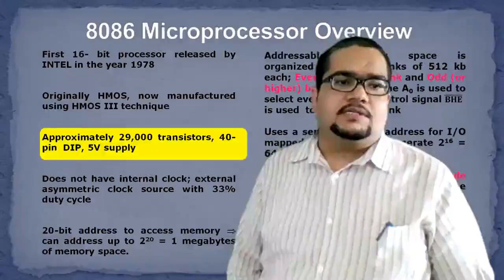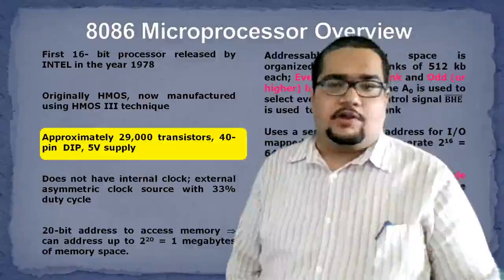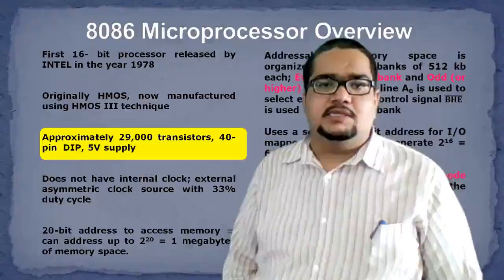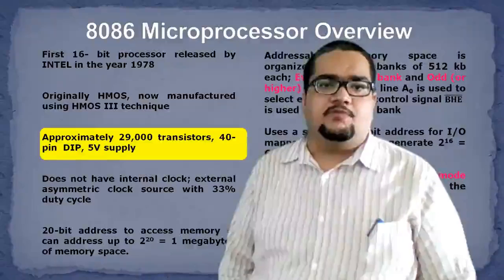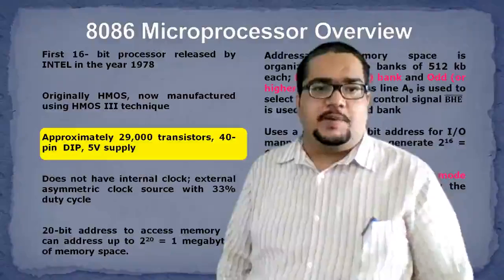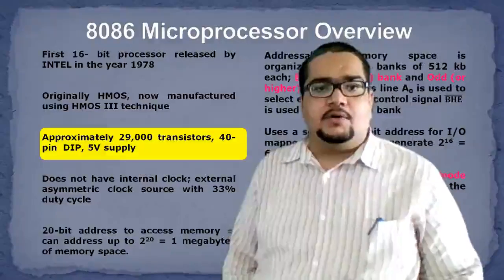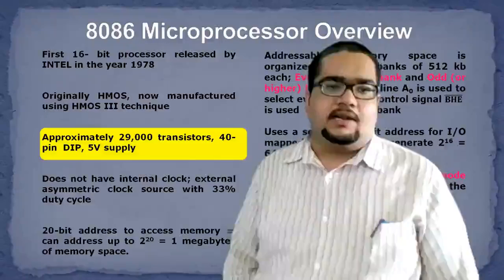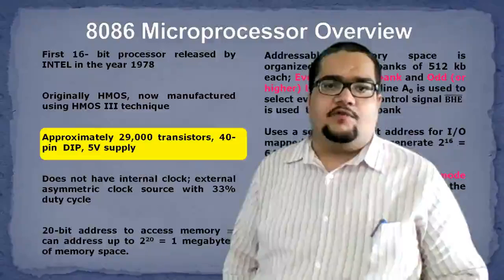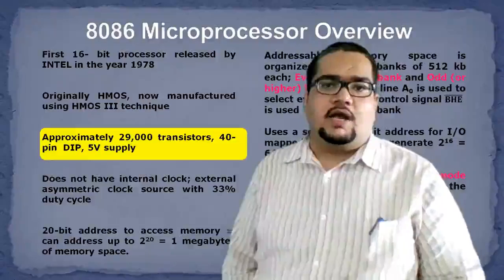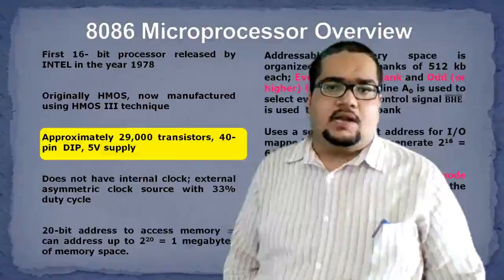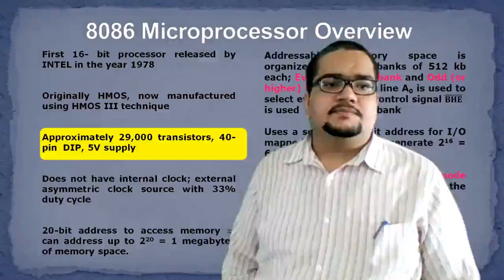It is a 40-pin dual inline package with a 5 volt power supply, and on this IC there are 29,000 transistors fabricated, onto an IC of maybe 2 or 2.5 inches in length and maybe half an inch in width.